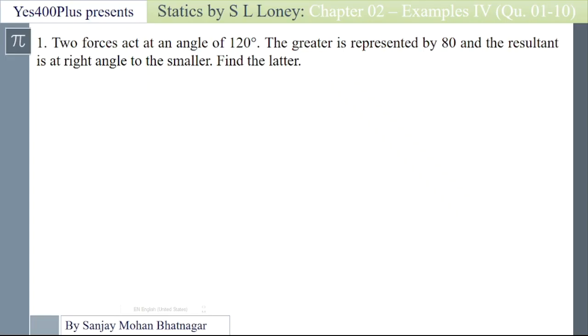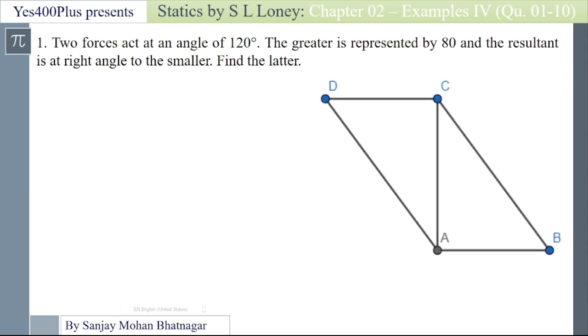So this is our first question. Two forces act at an angle of 120 degree. The greater is represented by 80 and the resultant is at right angle to the smaller. Find the latter. Now first of all let us see the figure. So this is the figure. Okay, तो ये force एक P है और ये force Q है। अब ये जो greater force है ये 80 यानी कि Q is equal to 80.